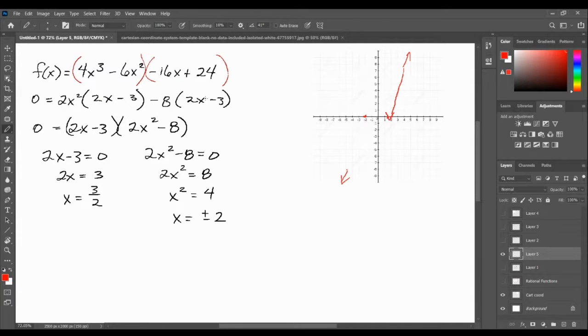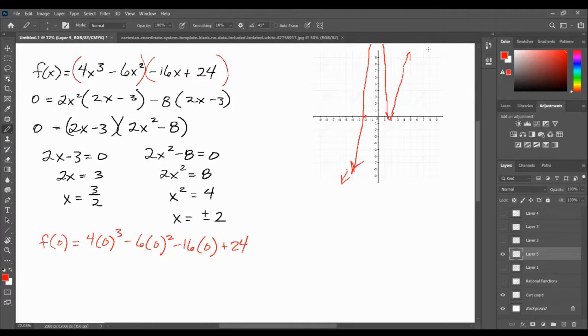We could find the y-intercept by setting x equal to 0. And it looks like 24, so super high. It's going to go up off the screen here and turn around and come back down like that. So that would be our graph. And that would be one way to find these points.